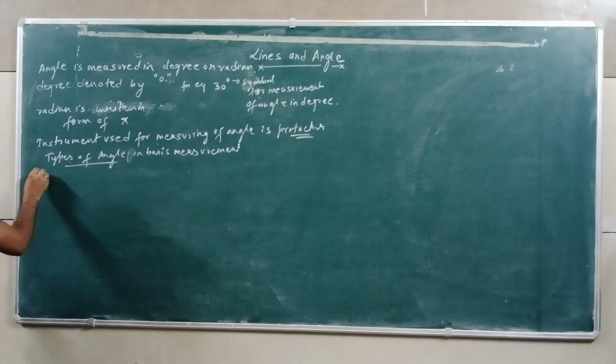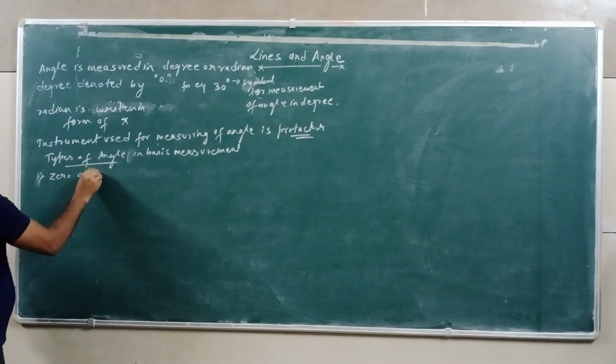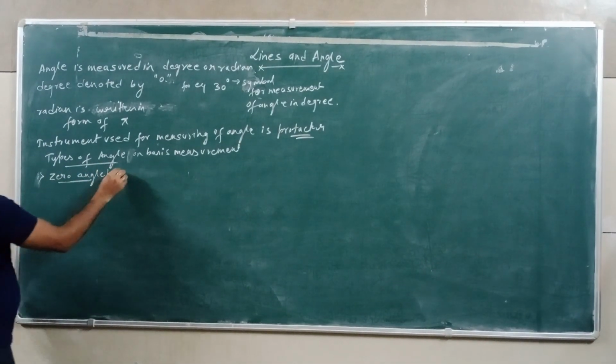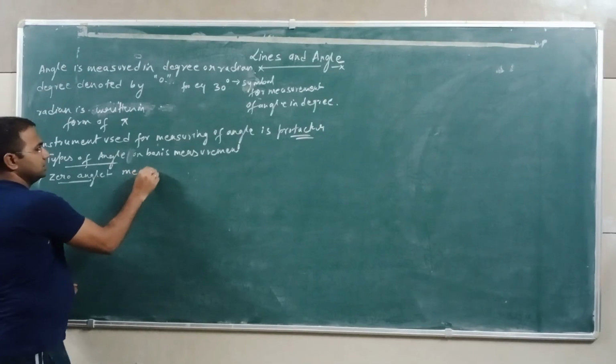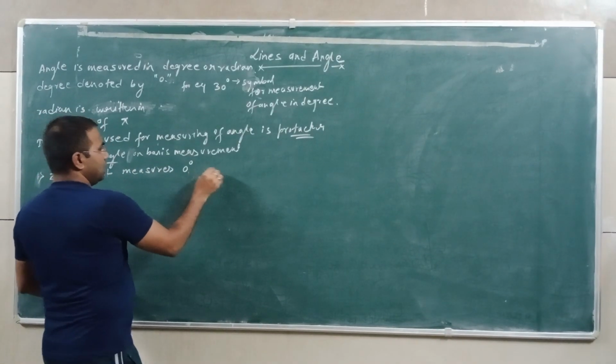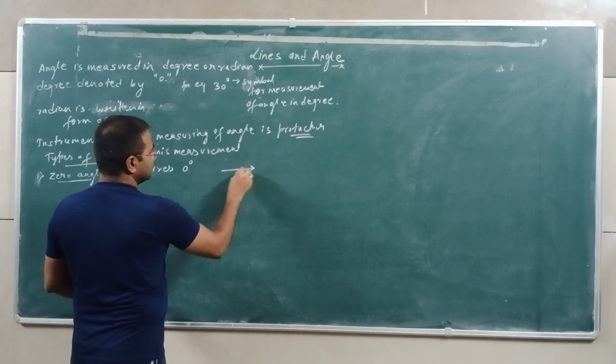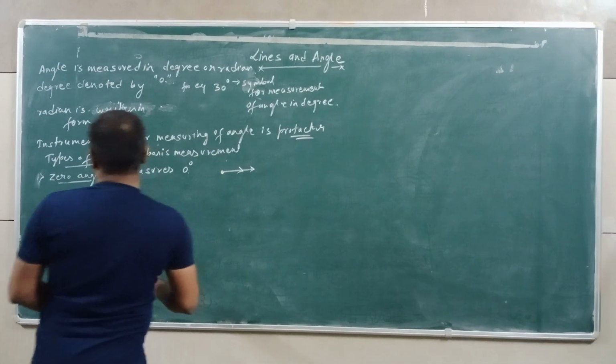So see here, first of all you will write zero angle. Zero angle measures 0 degree, and it is denoted by a symbol like this. Okay, so this is zero angle.